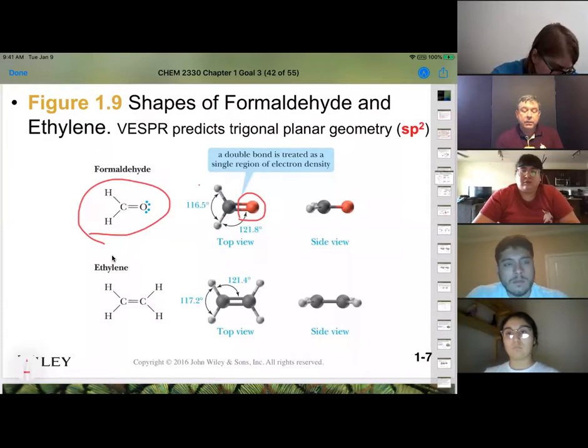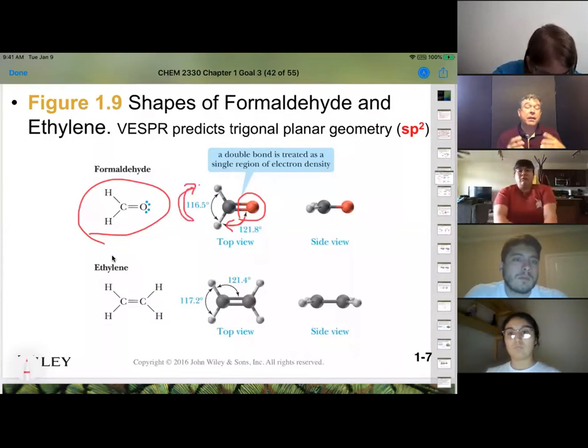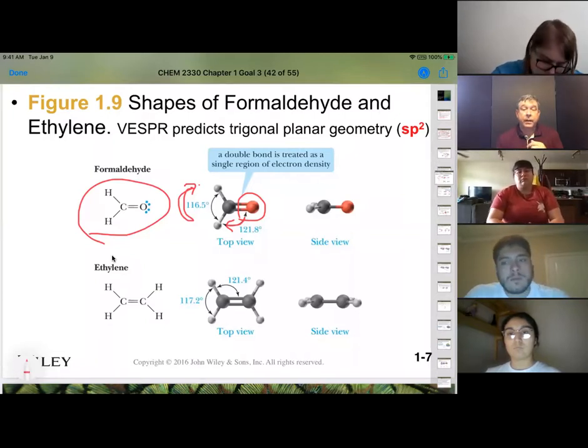This bigger group has more electron density and forces the 2 small groups closer. If they were bonded to 3 of the exact same thing, they would be much closer to 120 degrees. And therefore, that molecule, if we look at it on the side, is this flat structure.